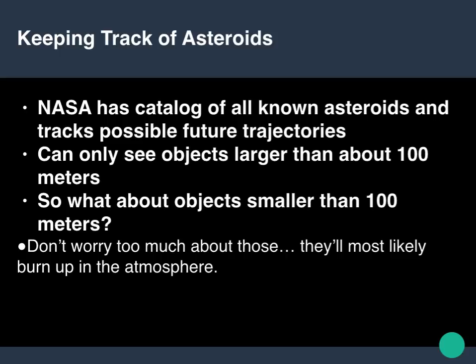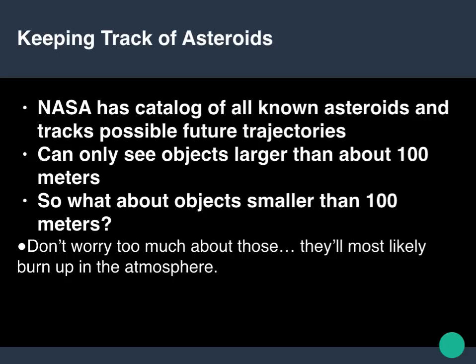One of the problems is that we can only see certain sized asteroids. We know that there are a lot of asteroids, but anything smaller than about 100 meters is near impossible to find with our current technology. There are some private industries that are coming up with ways to see 10-meter objects, which is really impressive.